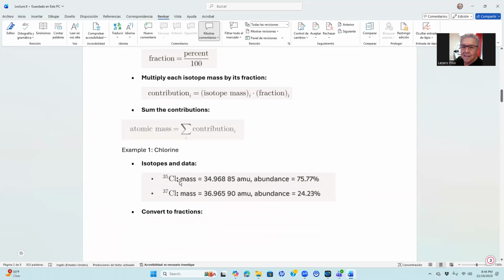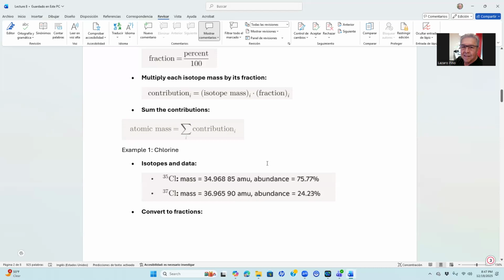For example, we have two isotopes for chlorine: chlorine 35 and chlorine 37. For chlorine 35, this is the atomic mass of this isotope, and the abundance is 75.77%. For chlorine 37, the atomic mass is 36.96590 atomic mass units, and the abundance is 24.23%.